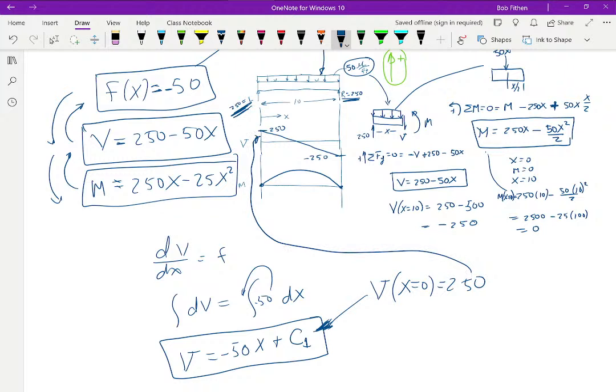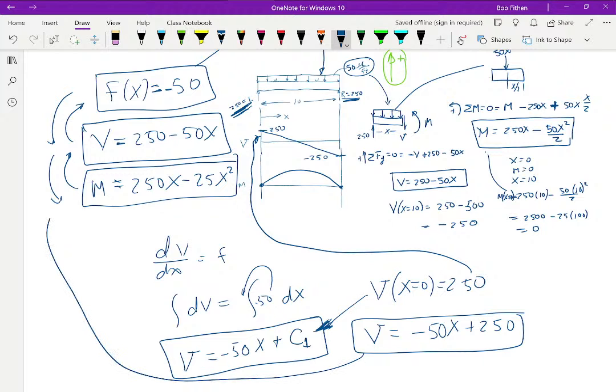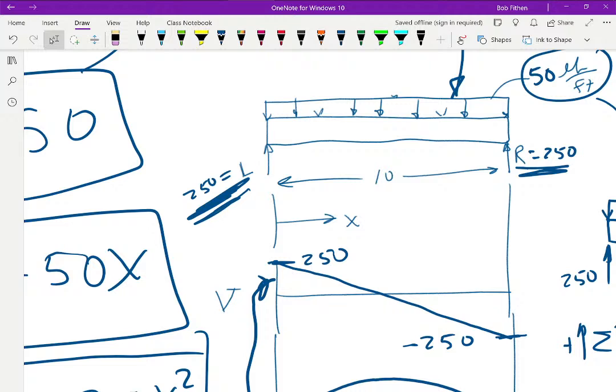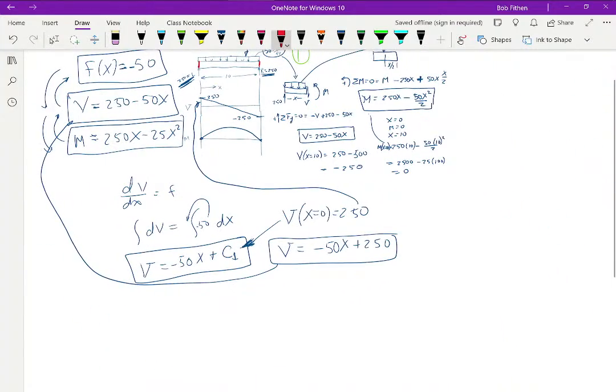So if you put in x equals 0, you've got to get back this, because this is a boundary, the ends of the beam. You have an equation which has to meet that boundary. Turns out it meets the other boundary on the other side as well.